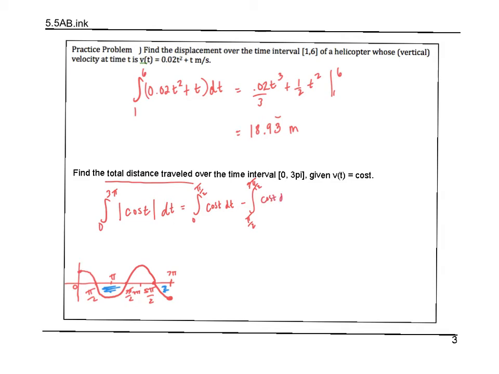I've already put the subtraction, so I don't put another negative. Then from 3 pi over 2 until 5 pi over 2, it's already positive. And finally, from 5 pi over 2 until 3 pi, I've subtracted, so I've negated, and I've gotten what I need.